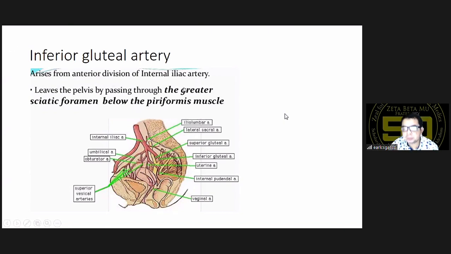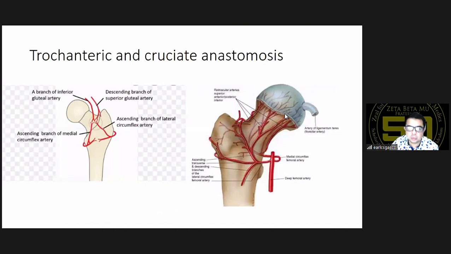Now, the trochanteric and cruciate anastomosis. Branches from the internal iliac artery, the inferior and superior gluteal, together with branches from your femoral artery, the first branch, your profunda branch, the deep branch. You have your medial circumflex and lateral circumflex.